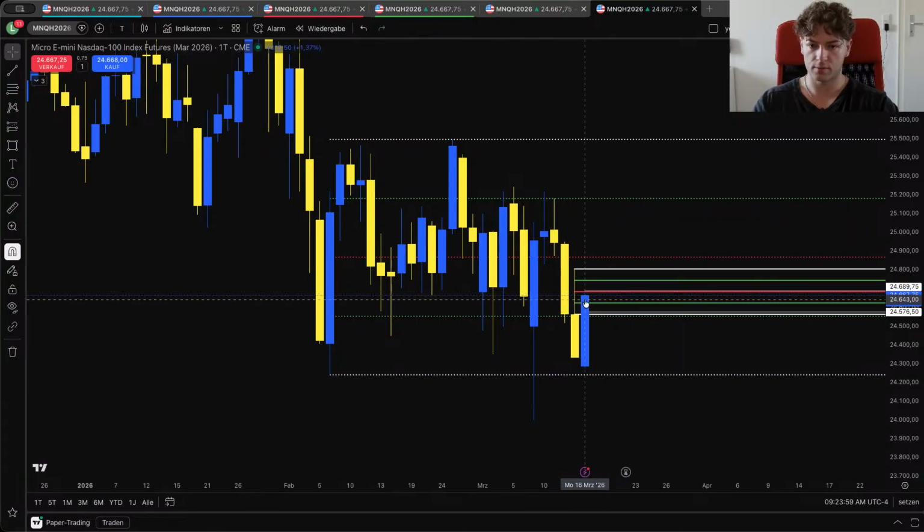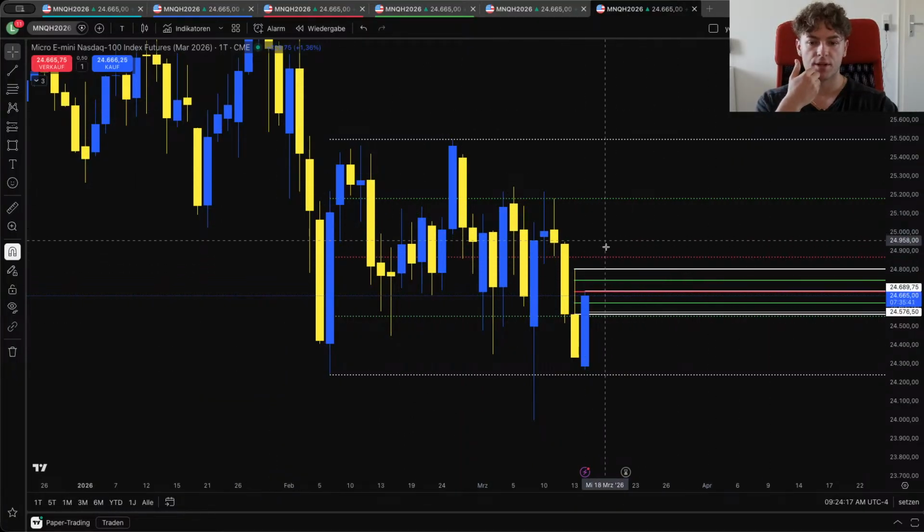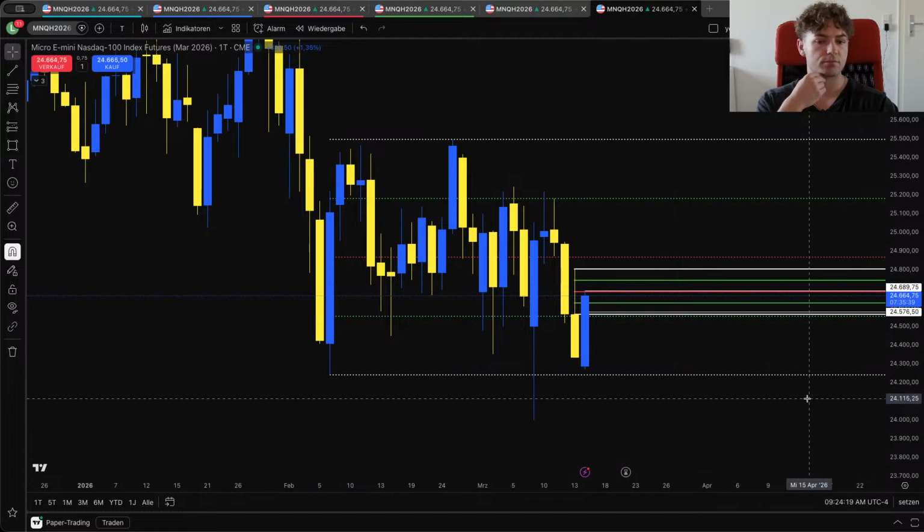I would prefer that, and that would be the best case scenario. Of course, we could also have a Monday, kind of like a manipulation day, where we take out this high, respect the midpoint of the consolidation range, and then we can see lower prices.